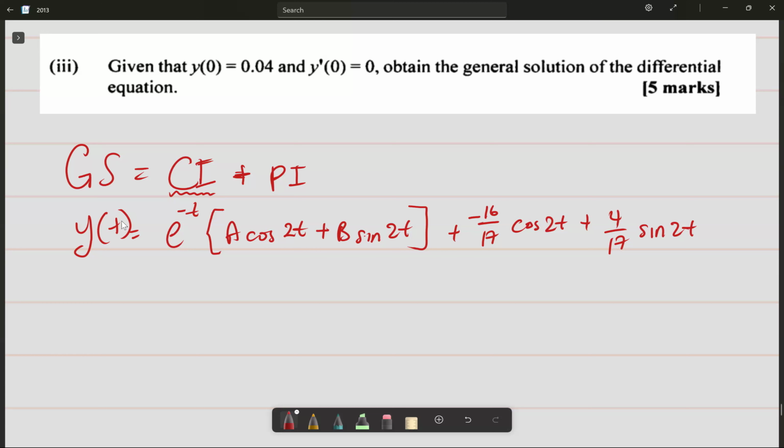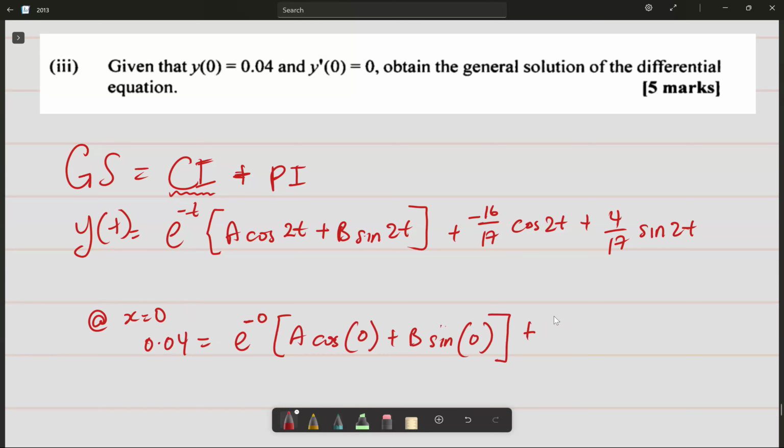Okay, so at x equals 0, we have 0.04 is supposed to be equal to e to the negative 0 times a times cosine of whatever this is going to be 0, plus b, whatever this is, sine of 0, plus minus 16 over 17 cosine 0 plus 4 over 17 sine 0.